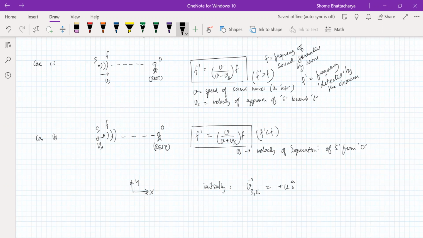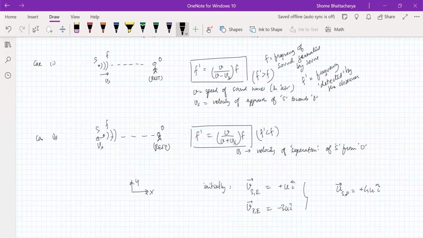And the velocity of the planet with respect to the Earth was minus 3u i cap. From this, the velocity of the spacecraft with respect to the planet becomes the difference of these two, plus 4u i cap.